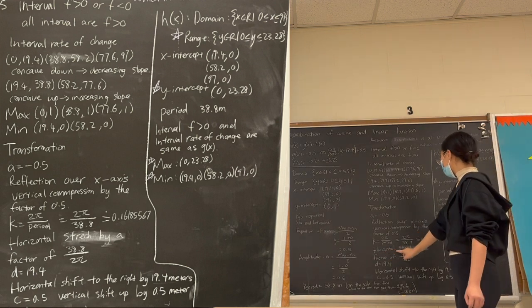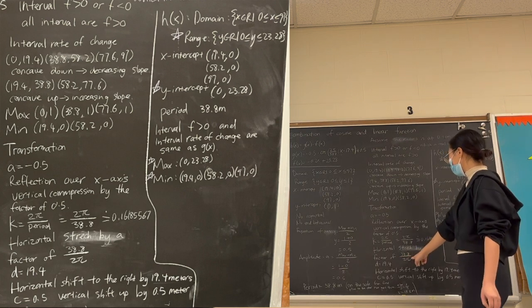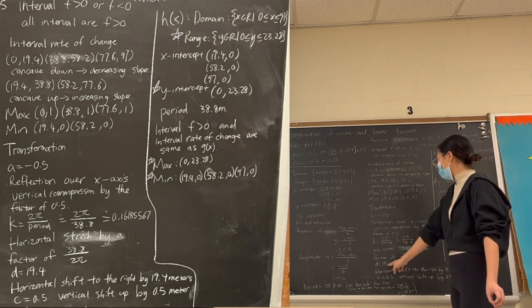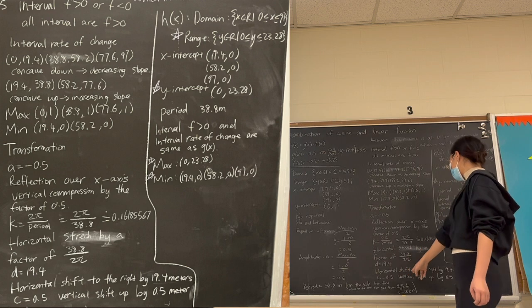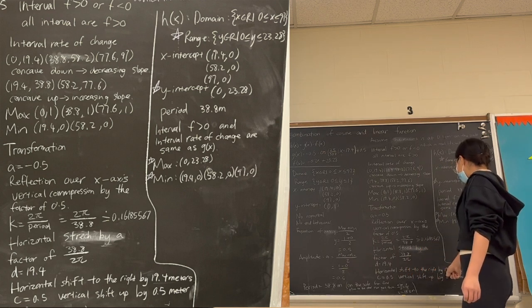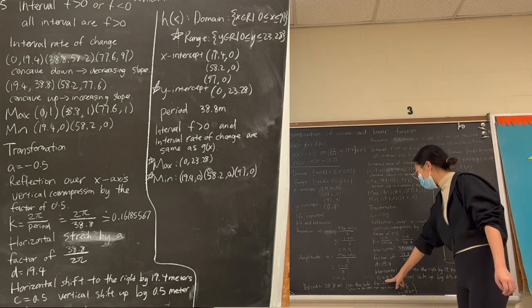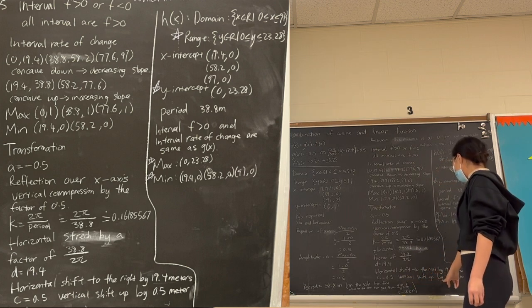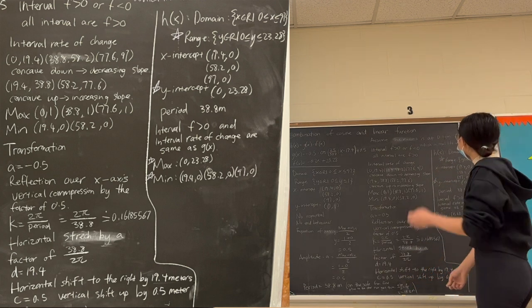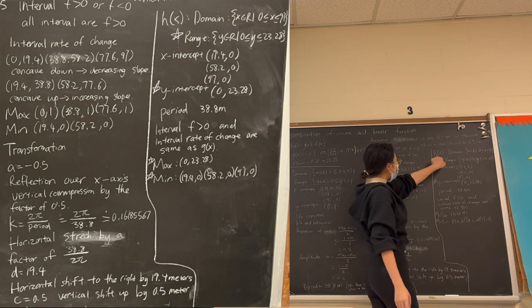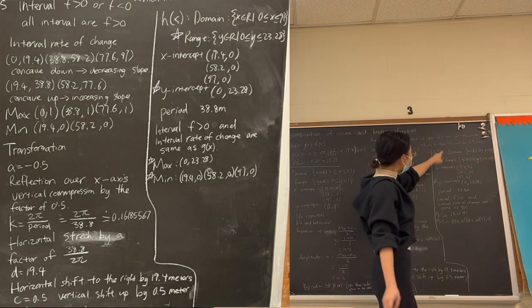So that's a horizontal stretch by a factor of 38.8 over 2 pi, and the d value is 19.4, and there's a horizontal shift to the right by 19.4 meters, and the c is 0.5, that's a vertical shift up by 0.5 meters.